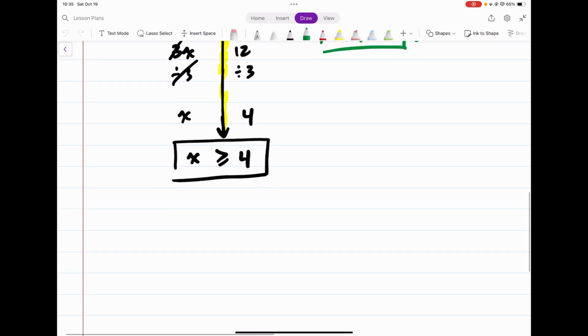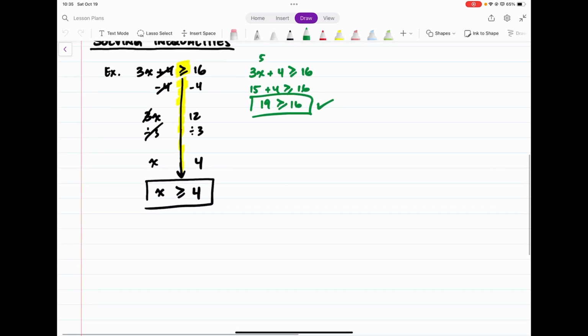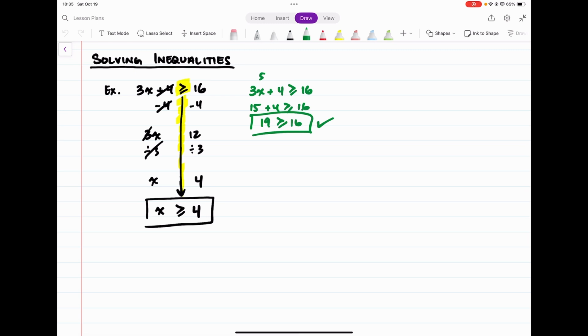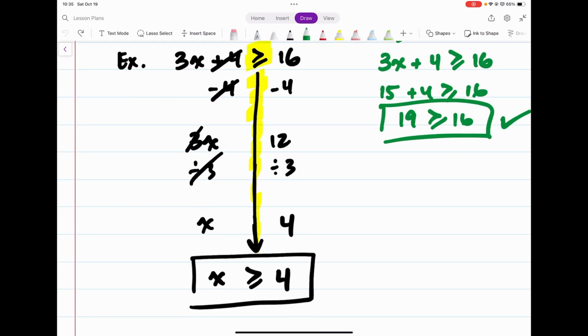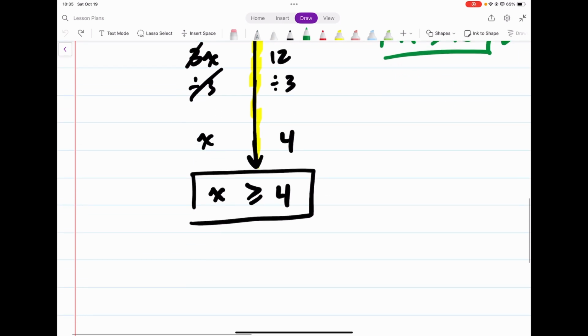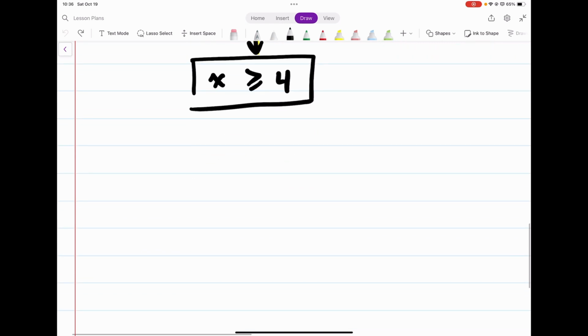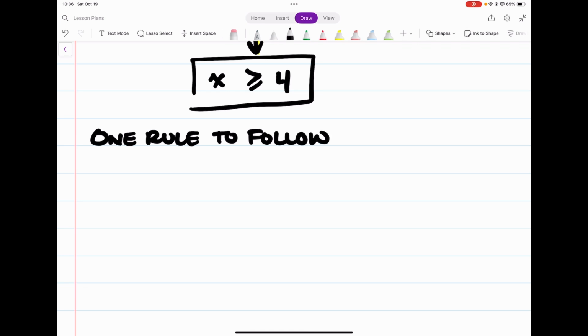Okay? So that's how we deal with inequalities. I highly recommend you use the exact same method that we've been doing. Do not get thrown off because of this symbol. This symbol only replaces the equal sign. There is, though, one rule that you must follow. So let's put this down: one rule to follow. If you are following my steps, it should still be the exact same method, but one rule, let's put an exclamation point to remember this.